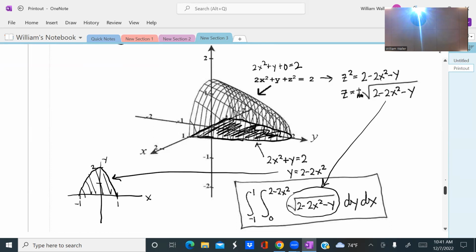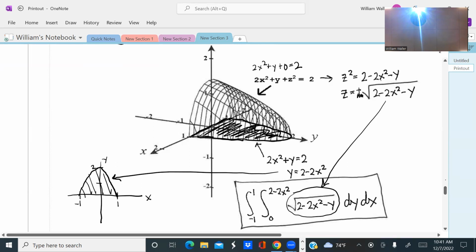So let's use that in setting up the limits of integration, because that's so easy. Y equals 2 minus 2x squared, right? If you use this equation that we have solved for y, that means you're going to start with dy as your inner integral. We're going to think of fixing an x value and letting y vary with that fixed x value.